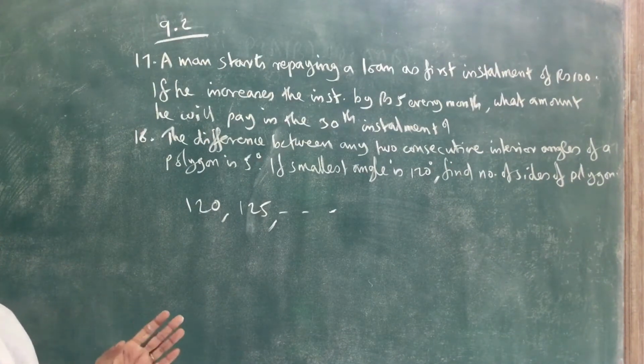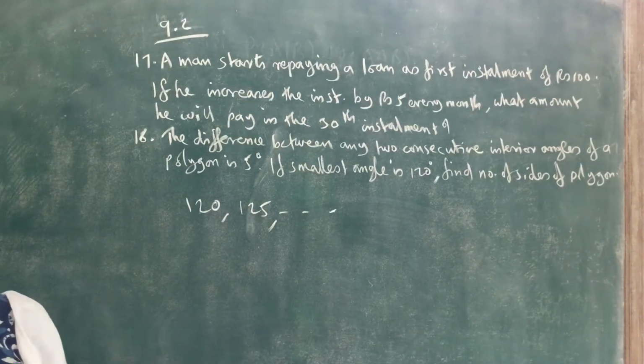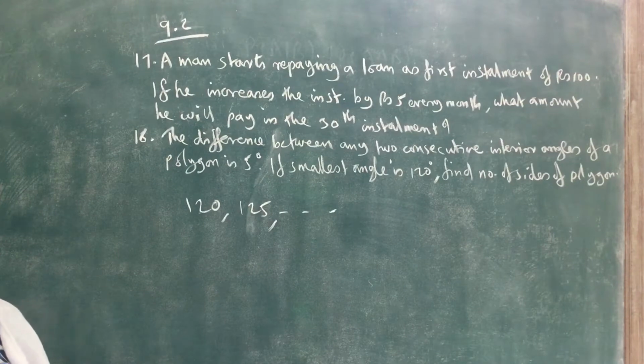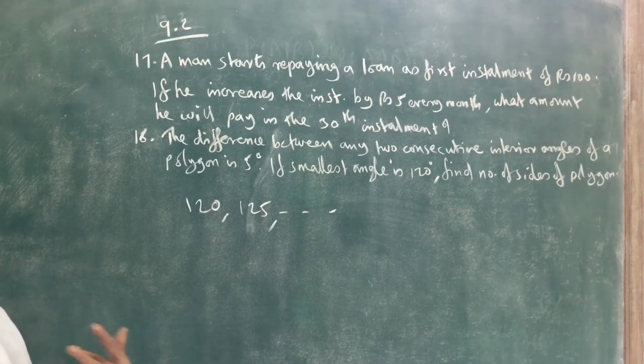If the number of sides of the polygon is n, the number of interior angles will also be n.